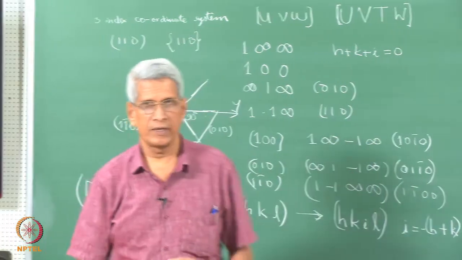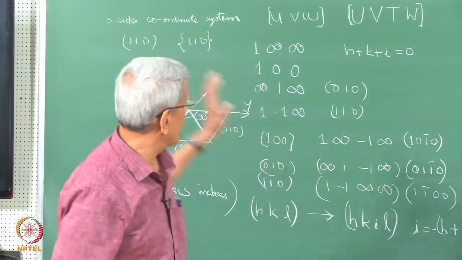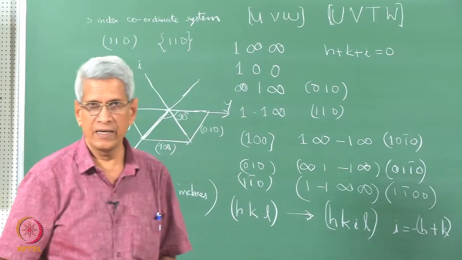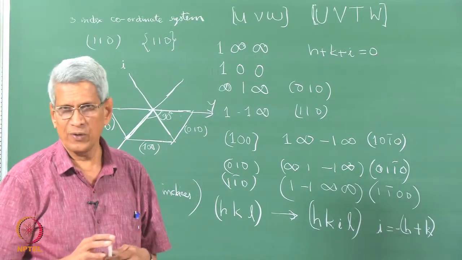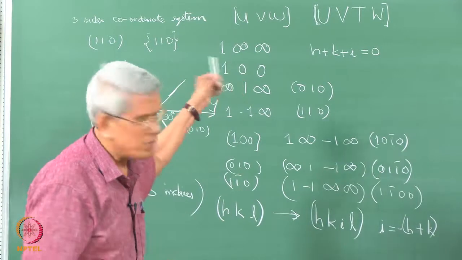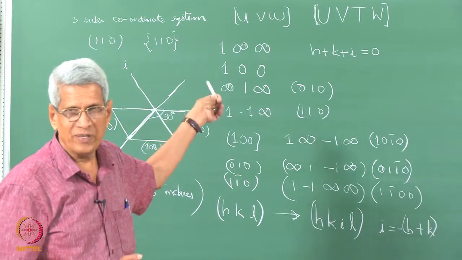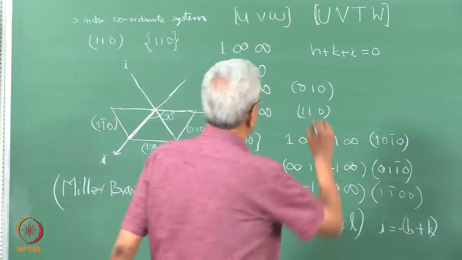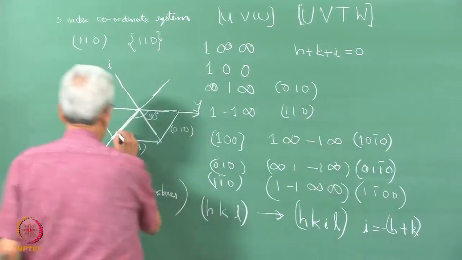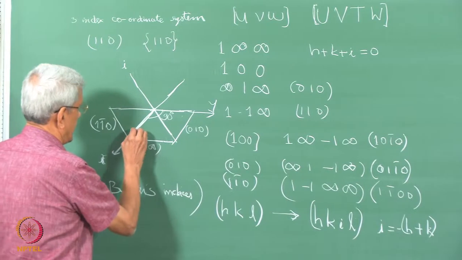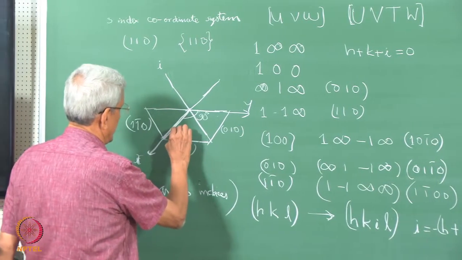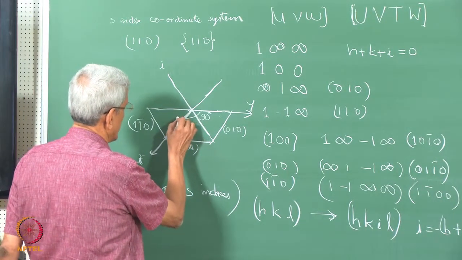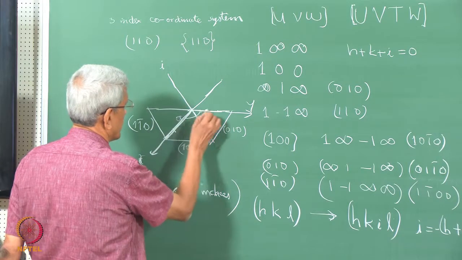Okay. Now, in this case we have to find out the relationship between the coefficients in the 3 index system, and so here if the axis, we represent each unit as A, okay.